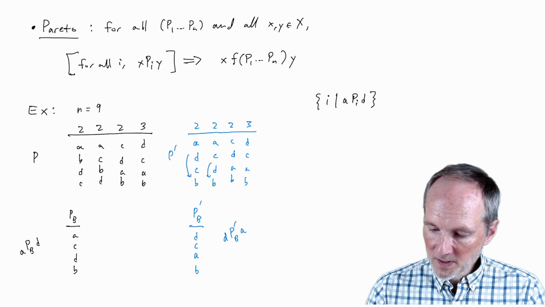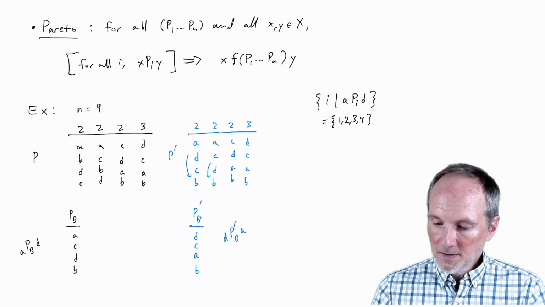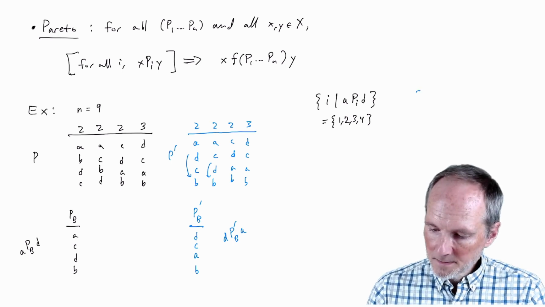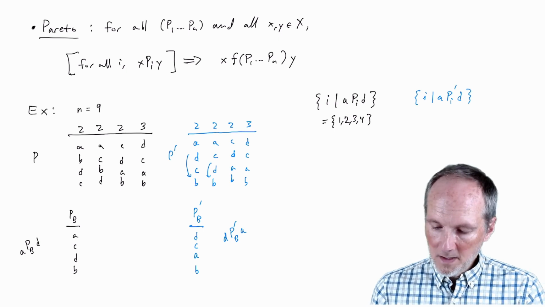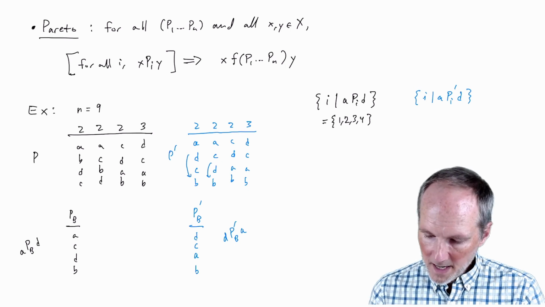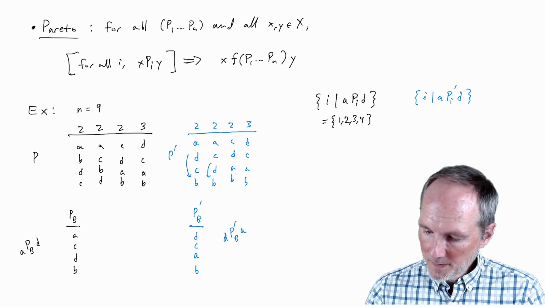So this is going to be the first four individuals. Now let's go to the P prime profile, and let's ask who prefers A to D in the prime profile. The first four guys prefer A, the other five guys prefer D. So again, this is the first four guys.